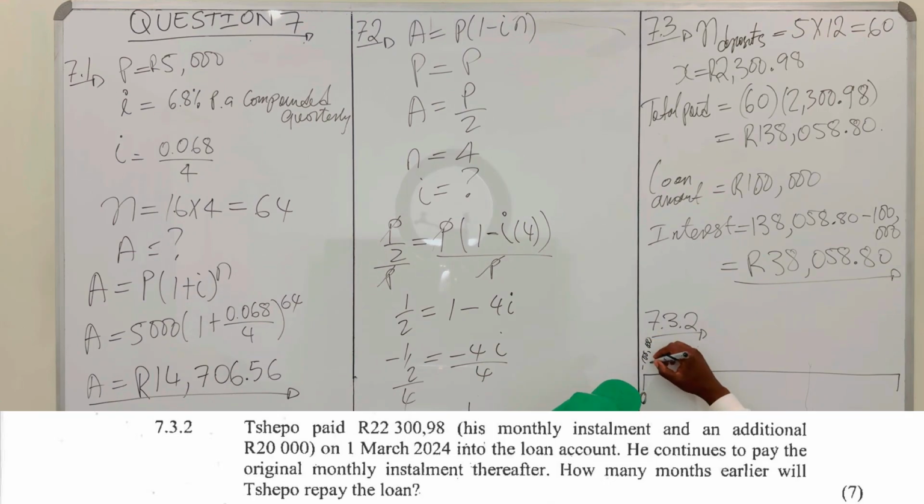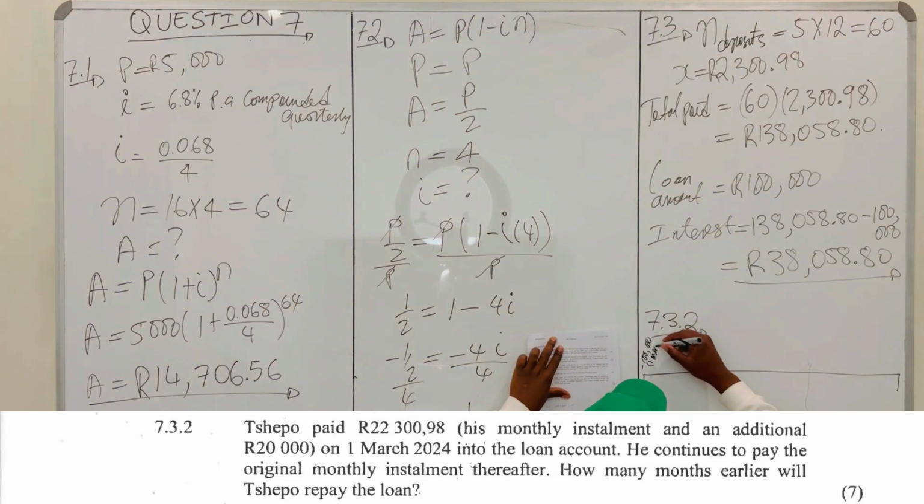This is the 1st of March 2022, when the loan was taken. And then he started paying a month later, 2,398 rands a month, and so on.